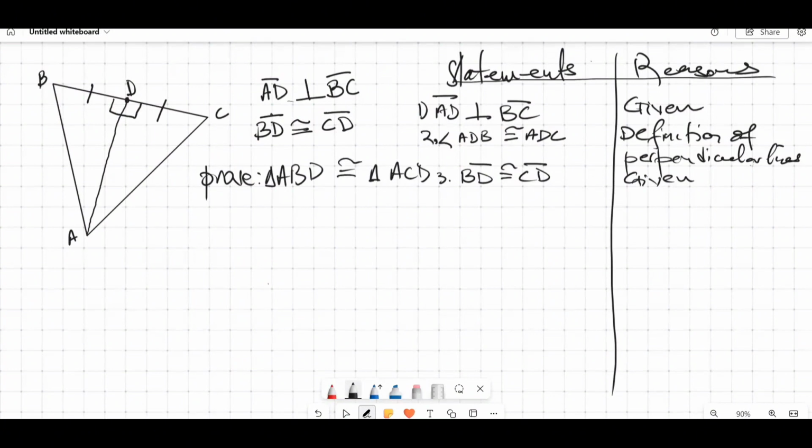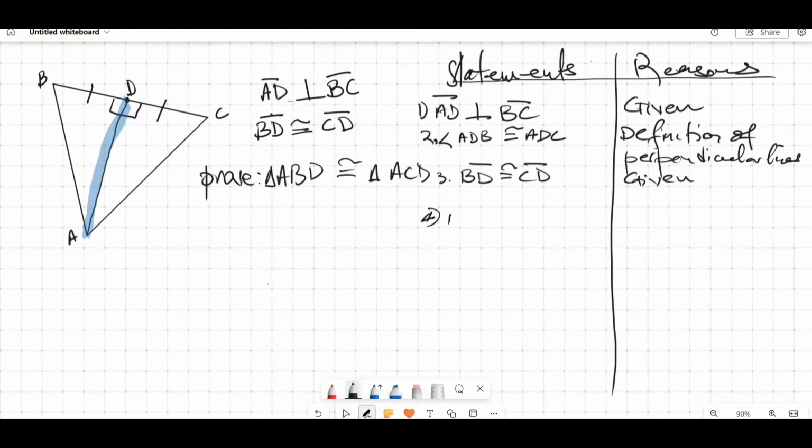So in this case, we actually have two things, right? So I'm seeing side and angle already, right? So if I can get one more proof, so let us see the fourth statement. When I take a look, I could say, hey, I'm noticing here that DA is actually a side of both triangles.